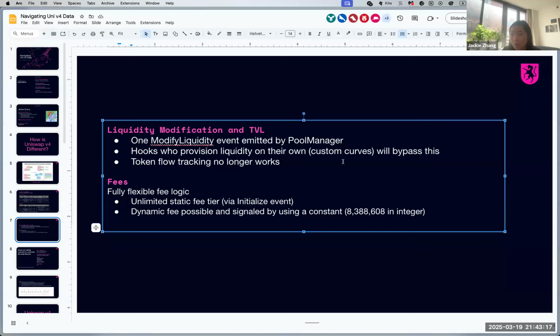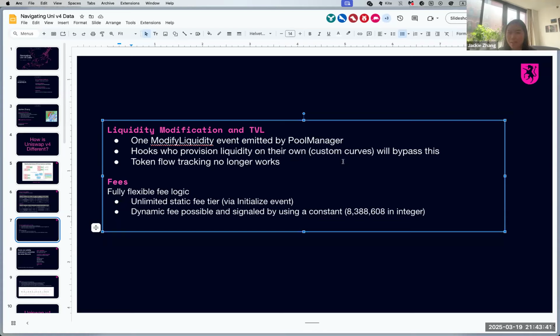Another thing to know is related to the singleton. Before the singleton pattern, if you wanted to know the current TVL for a particular pool, there are different ways, but one of the easier ways is to track the ERC20 token inflow and outflow, net it, and get the current TVL.